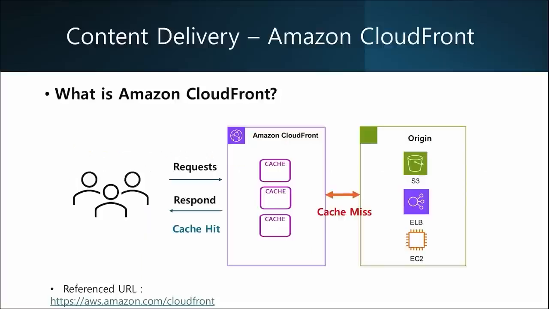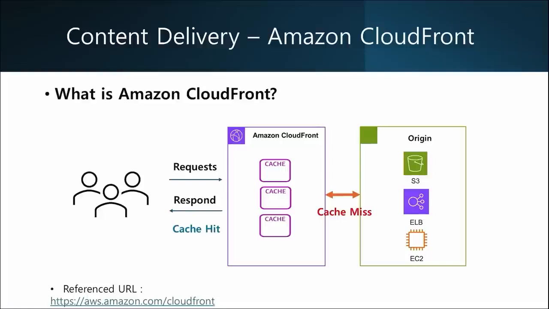Let's take a closer look at CloudFront's behavioral architecture. First of all, there is the origin server. The origin server is the server that hosts the original content. This server stores contents such as website's HTML files, images, videos, CSS, or JavaScript files.